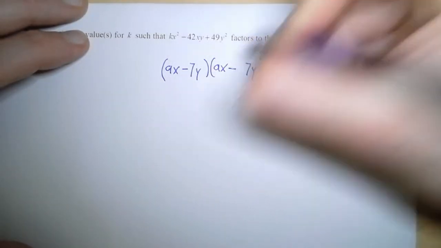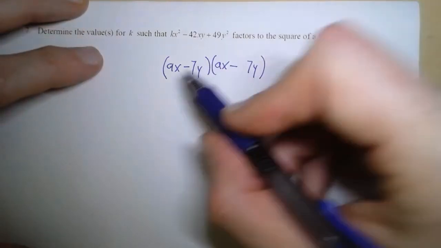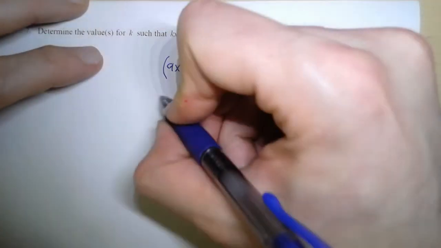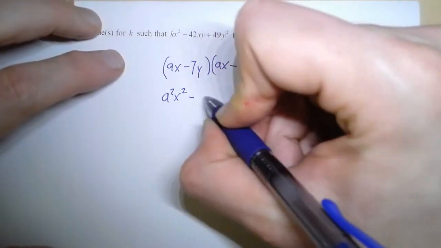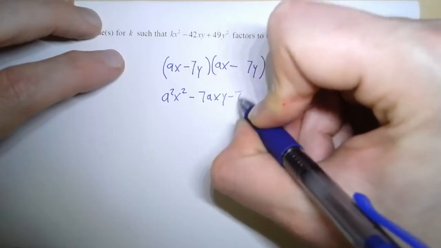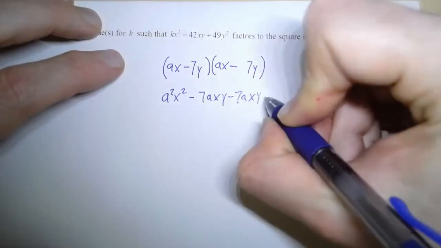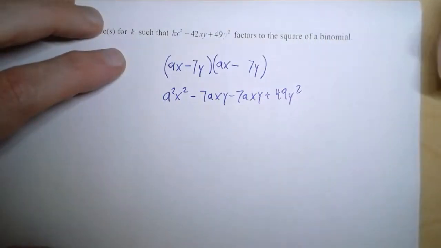And we know that it has to be subtracted, whatever it is. So if we multiply this out, we would get a squared times x squared minus 7axy minus 7axy plus 49y squared.